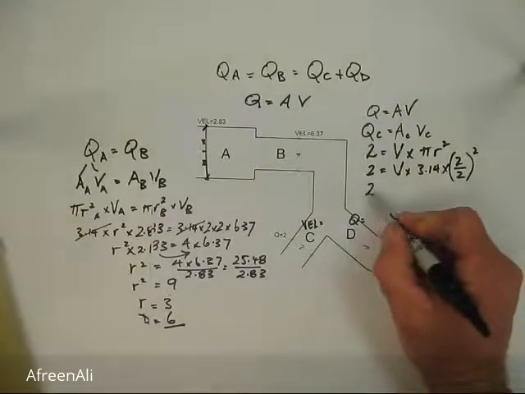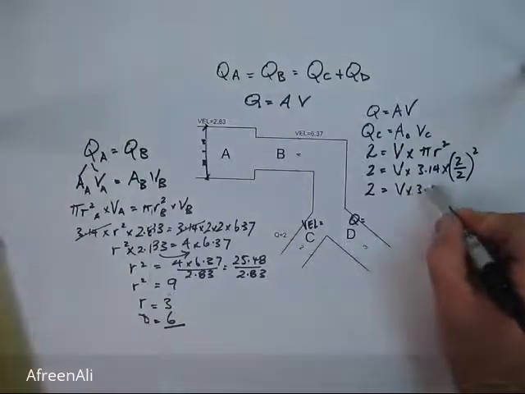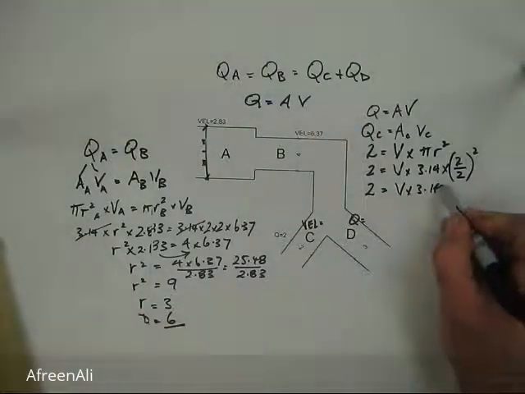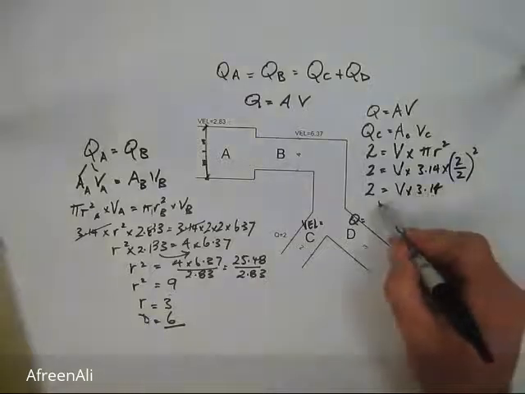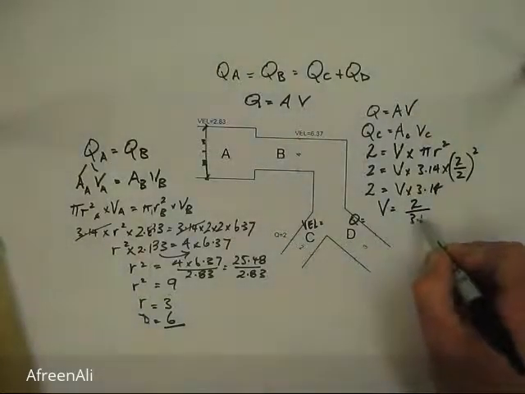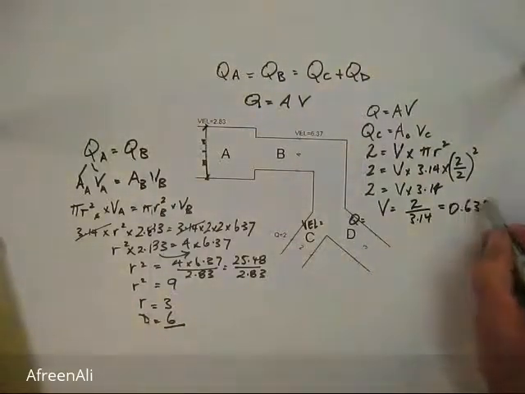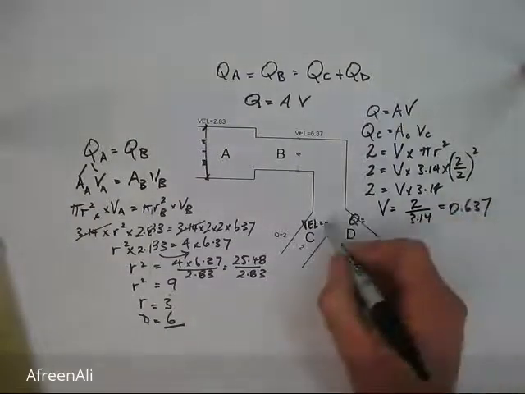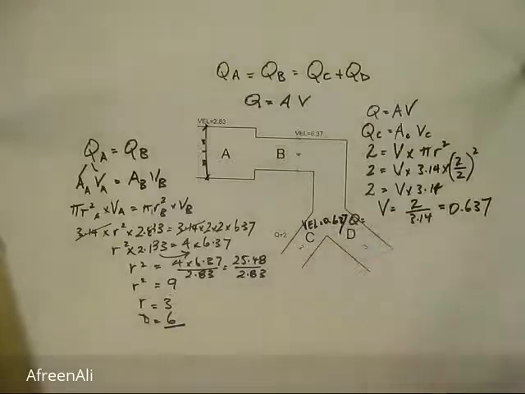So it's true also to write that 2 equals V times 3.14. So I'm going to transpose 3.14 to say V equals 2 divided by 3.14 equals 0.637. So the velocity at C, 0.637.